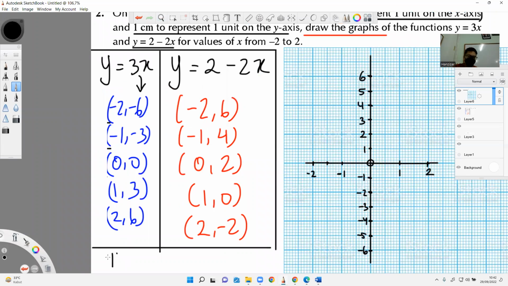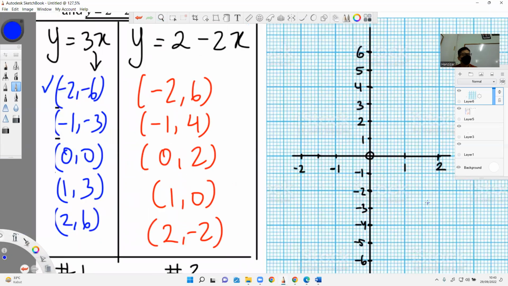This is what I call function 1. On the red color, function 2. Okay, draw function 1. Maju, Colin. Go. -2, -6, where is it? Maju, point. Colin. Where is -2, -6? Where? Sorry? That's right. Continue, Colin. Don't stop. -1, -3. Wait.